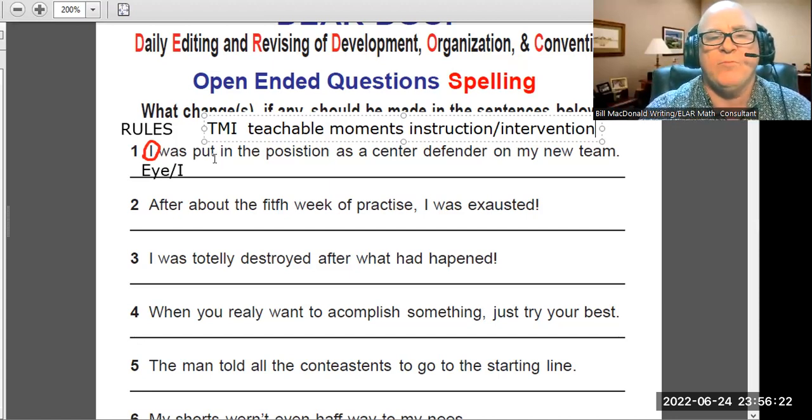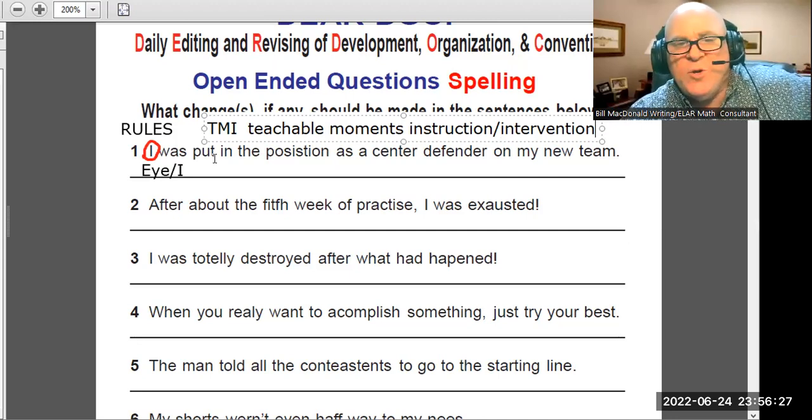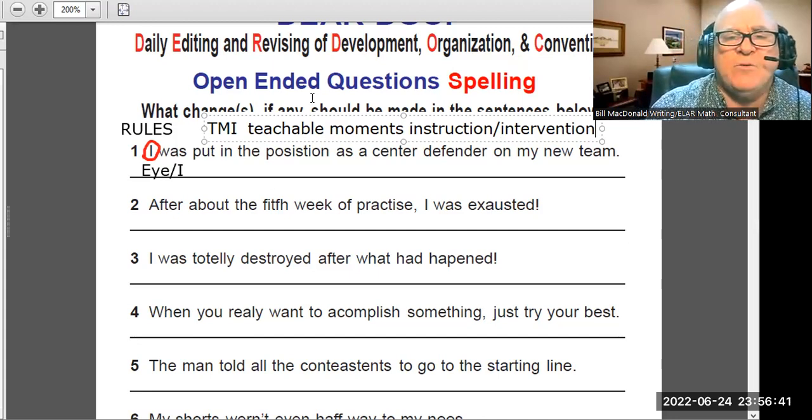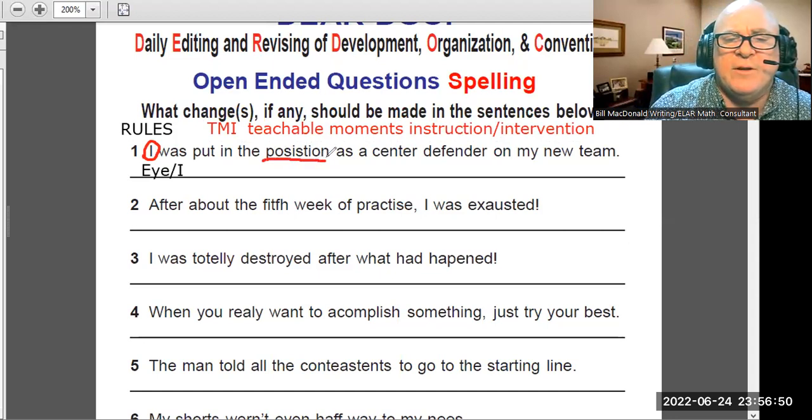So let's go ahead and read the rest. Was, past tense, putting my hands behind you, put in the position, singular, as a center defender on my new team. Period. I bounced the ball on the floor. So something didn't sound right to me about the word position. So I'm going to select that one and think, okay, that's the way it looks there, but it doesn't look right.